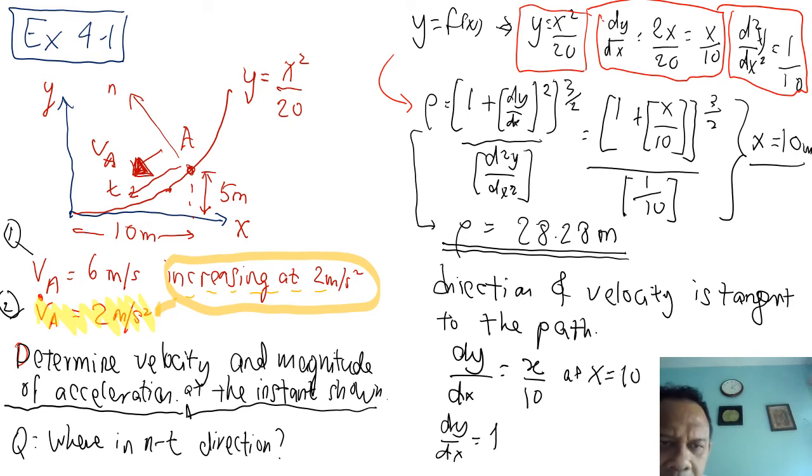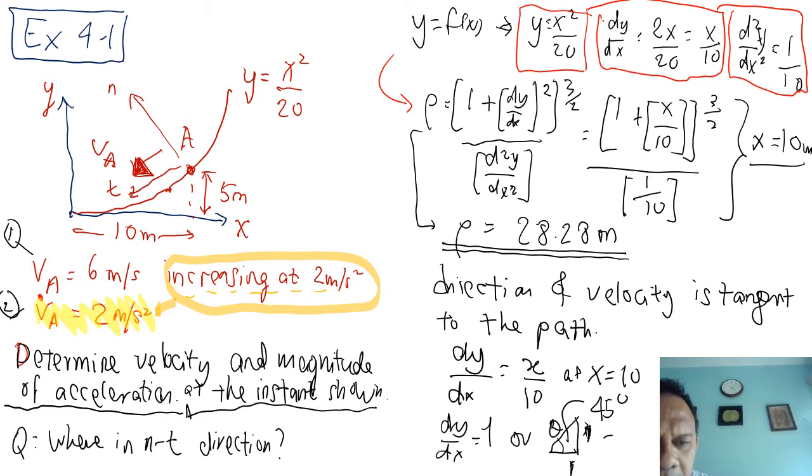So at A, when we use this value, that's equal to 1. So a gradient of 1 to 1 is equal to 45 degrees. So y equals 1, x equals 1, theta is equal to 45 degrees.